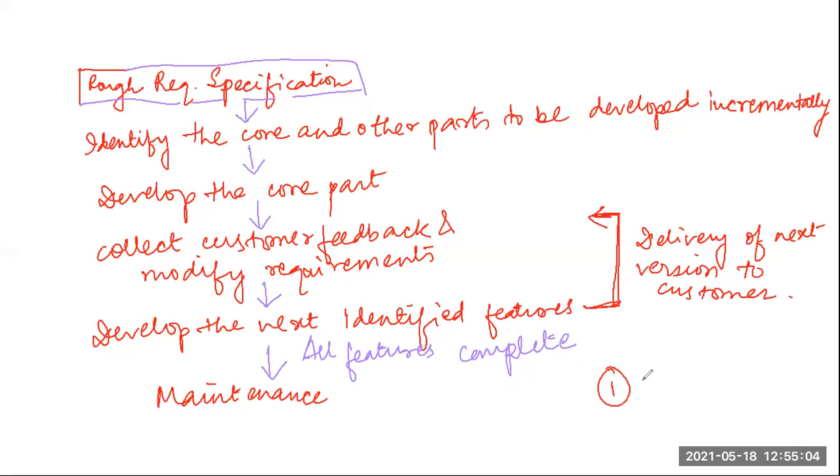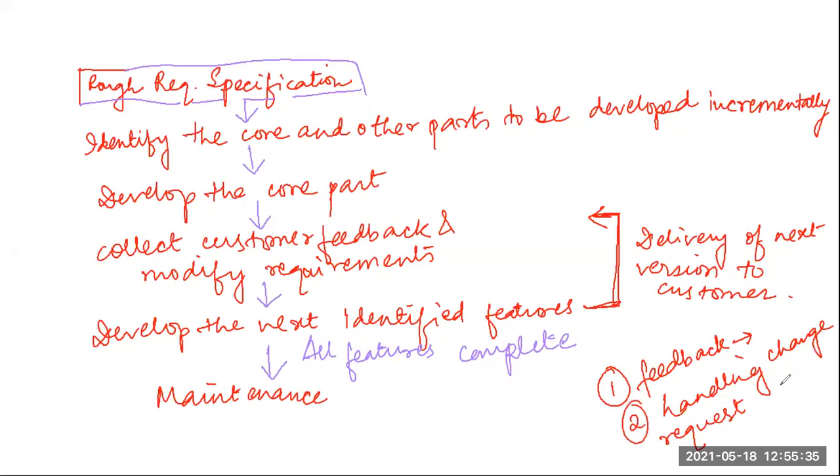Since feedback is there, it reduces the change requests after delivery of the entire system, because at each and every step we are changing if change is coming from the customer. And in addition, handling the change requests is always easier because we are using the incremental approach. Okay, so this is the entire concept of the evolutionary model.